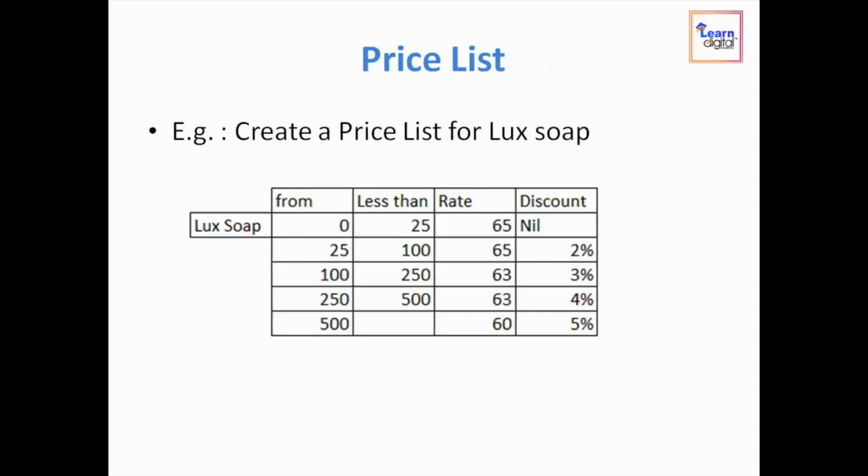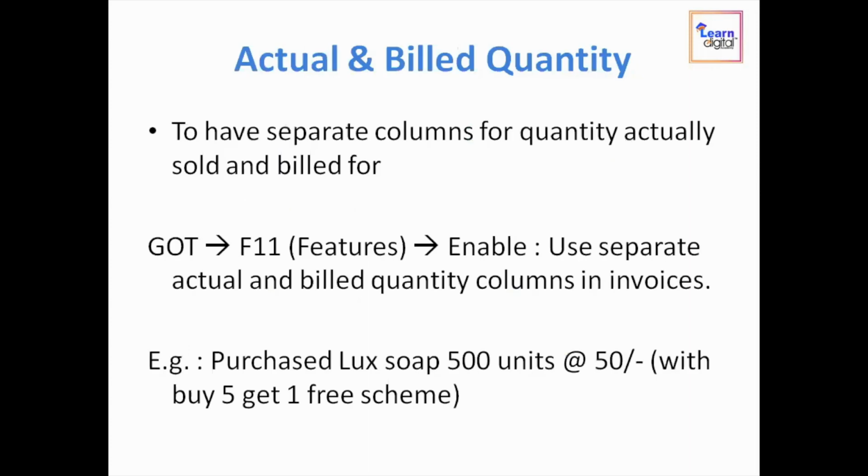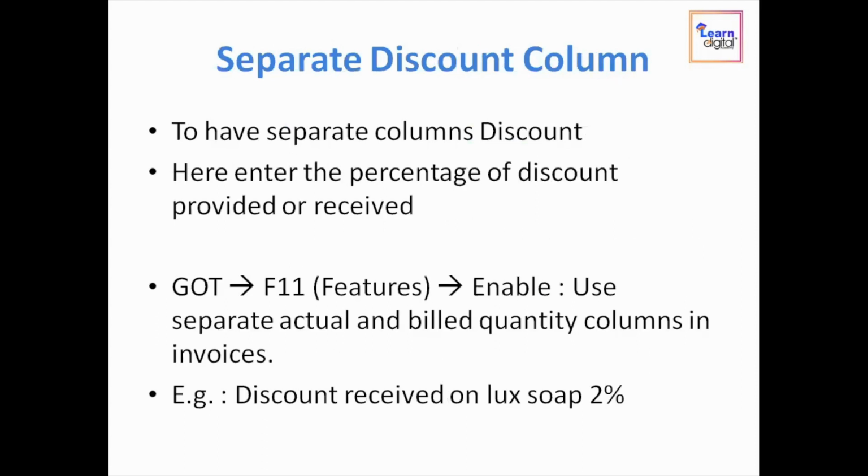So what we have learned in this session: Tally invoicing features and their configuration. The first one was actual and billed quantity, where we can have two columns for actual goods sold and the rate charged on billed quantity. Then separate discount column, if you want to enter any trade discount.